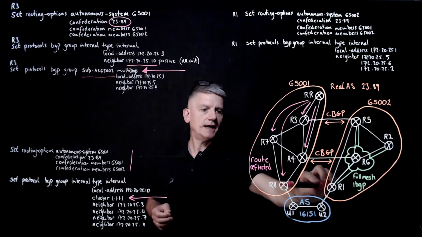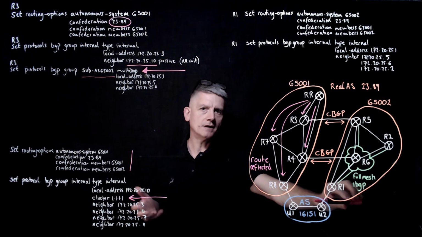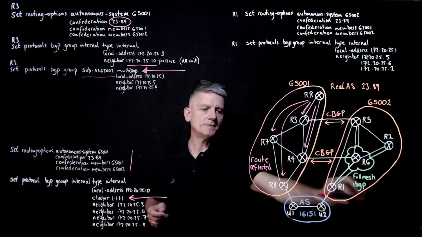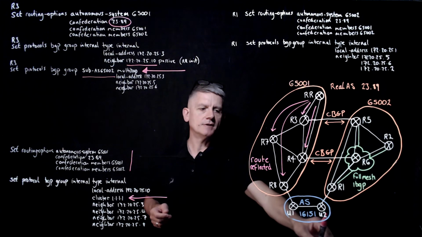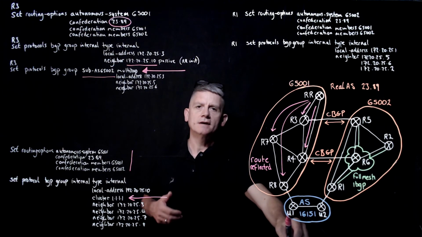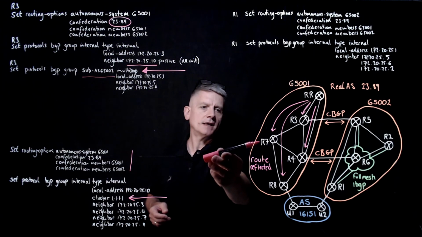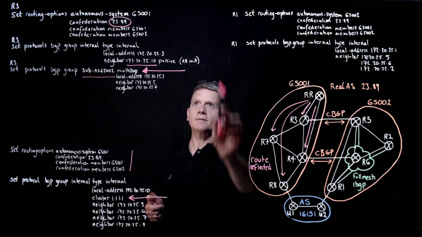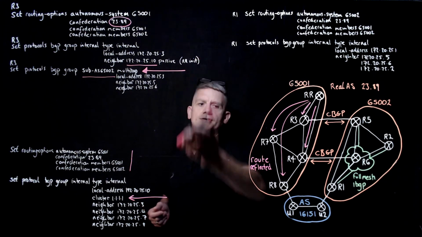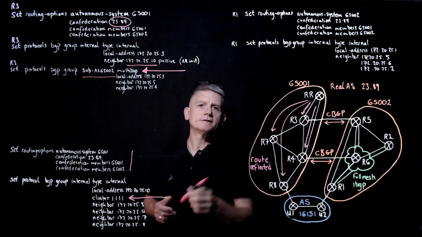Down on router 8 and router 1, of course, we're running external BGP, a normal flavor of external BGP, and that's running down to these external peers. And then the final note is that router 7 and router 8 will again need all of the confederation information, and they just have the single pairing to the route reflector.